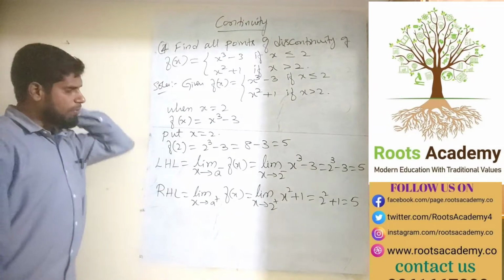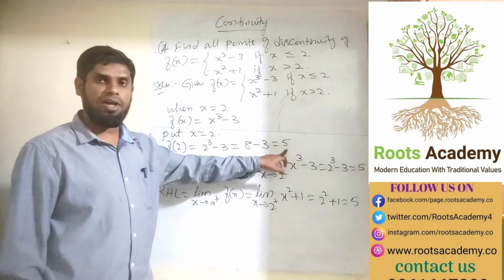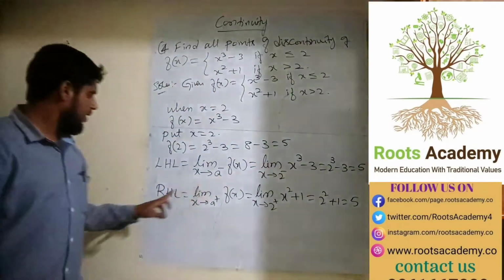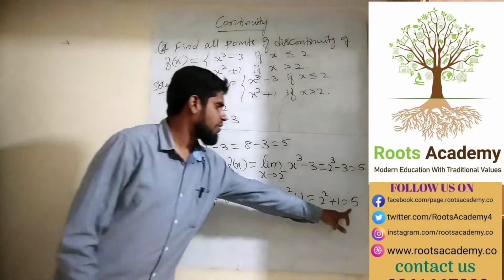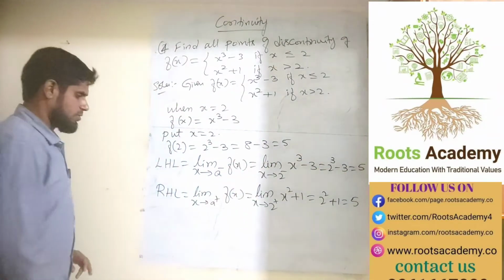Now students, in this problem we can see here f of 2 is 5, the left hand limit is 5 and my right hand limit is 5. All the three values are equal.